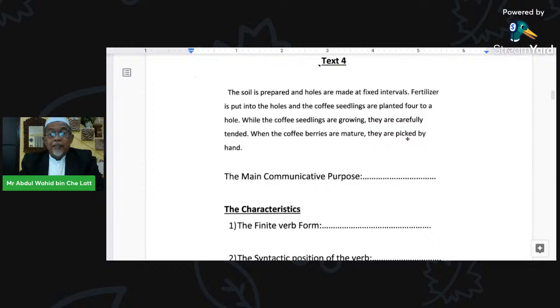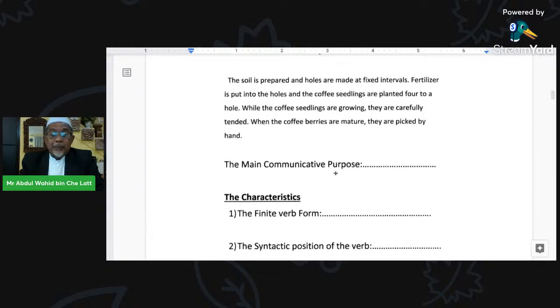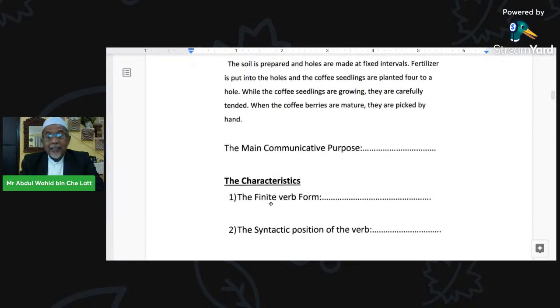For the main communicative purpose, you can write description, man-controlled process. For the finite verb form, you write is/are plus past participle. For the syntactic position, you write after the subject of the sentence.